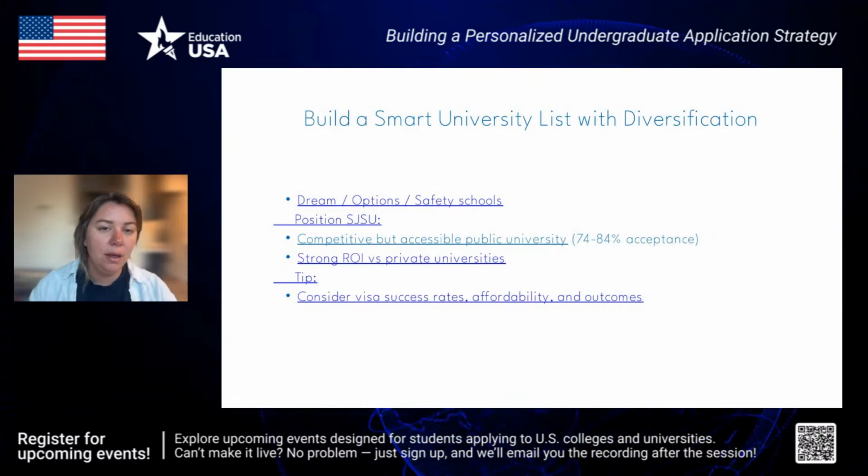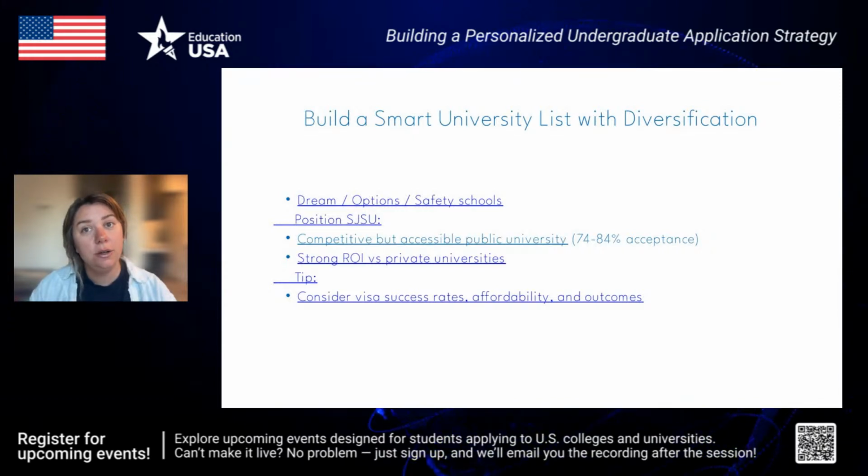Okay. Another tip for your application strategy is the diversification. So, of course, we already mentioned reverse engineering. It's also good to have some safety schools. You can have the schools that you are really interested in going to, and why not shoot for the stars if you're able to pay the application fee and you're able to understand.